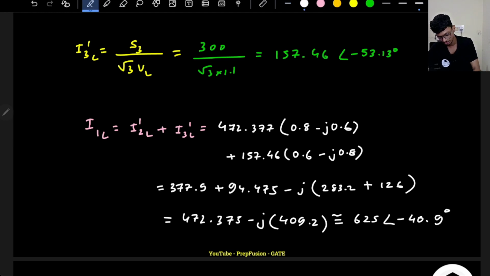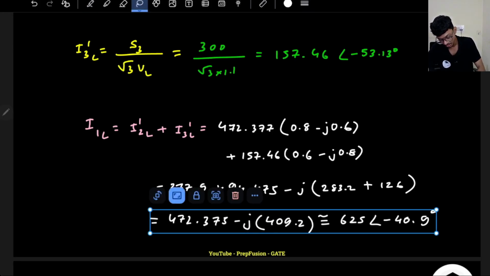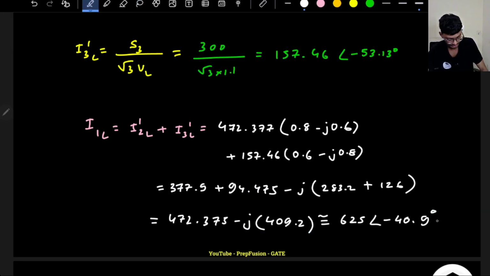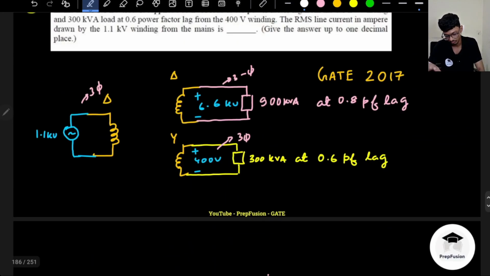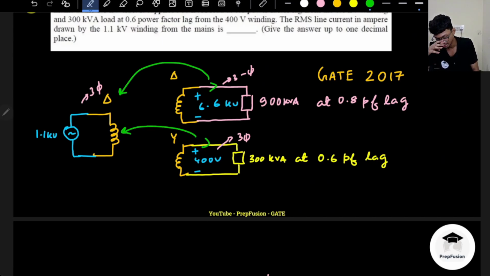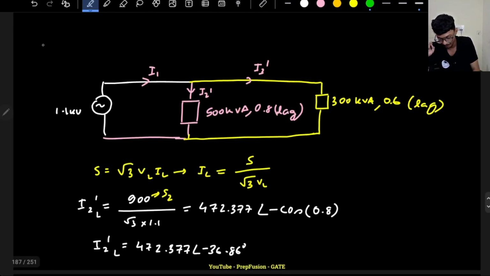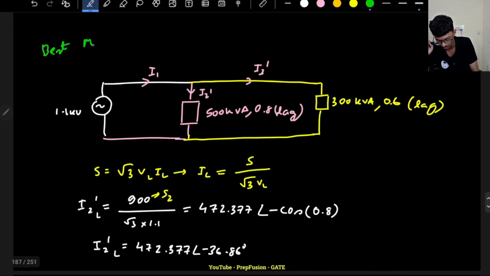That is my line current. So everywhere else, they will solve here, find out this current, then refer it to here. So this is the best method that you know, least calculation. So whatever you are learning is the best thing. Trust me on that.